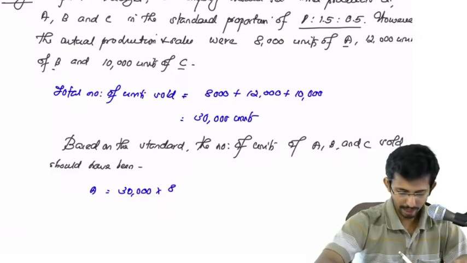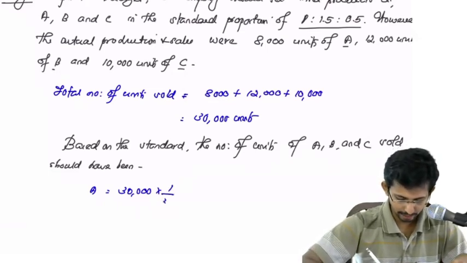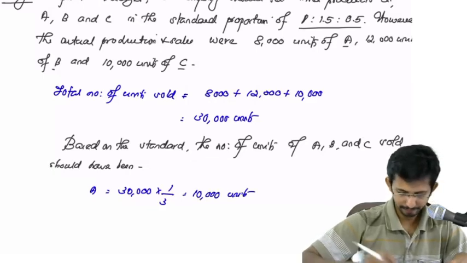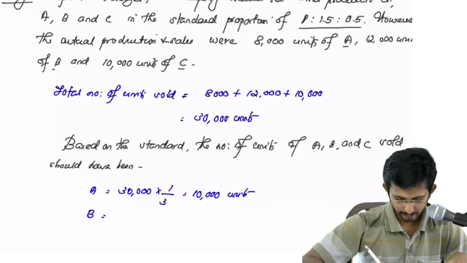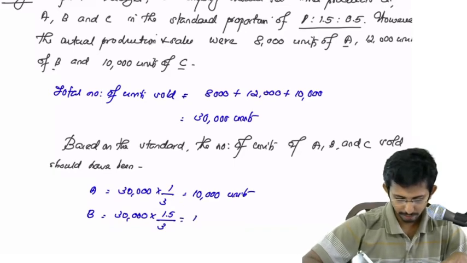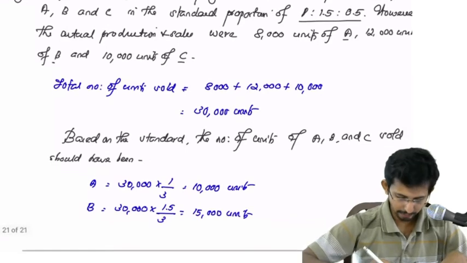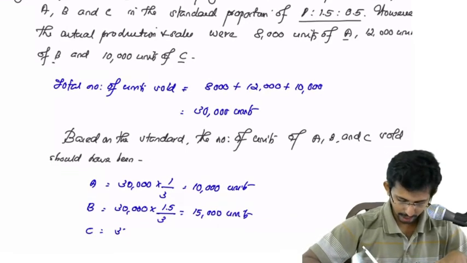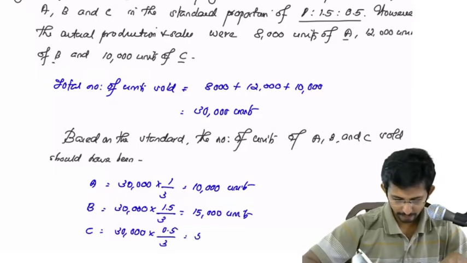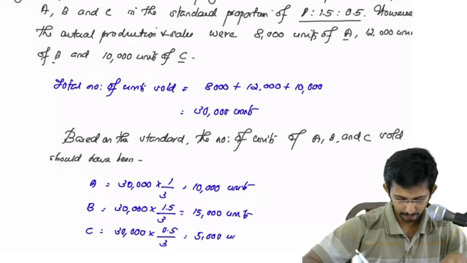So 1 divided by 3 gives 10,000 units for A, and for B, the standard proportion is 1.5 out of 3, so this should have been 15,000 units. In the case of C, 0.5 divided by 3, it should have been 5,000 units.